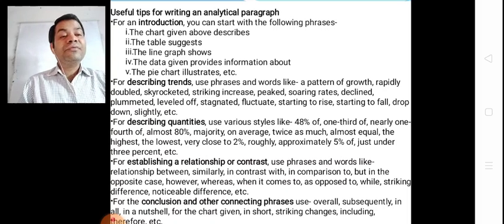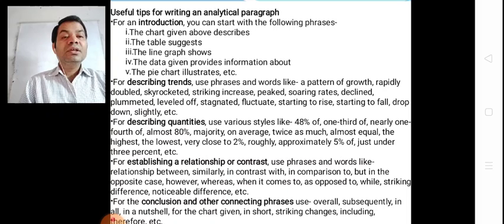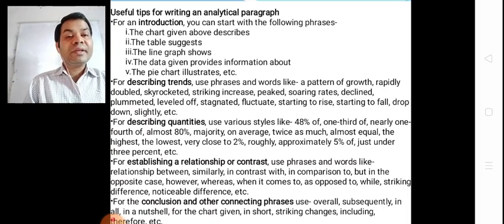So these are some phrases which you can use while describing any trends.